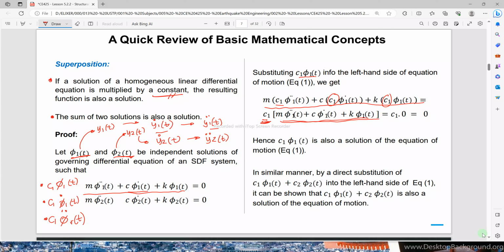If you notice, when we multiply the whole equation with a constant, it will still remain the same; it will arrive at the solution.